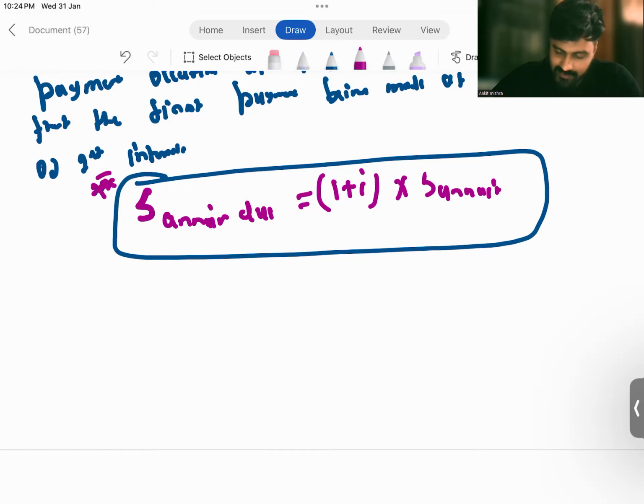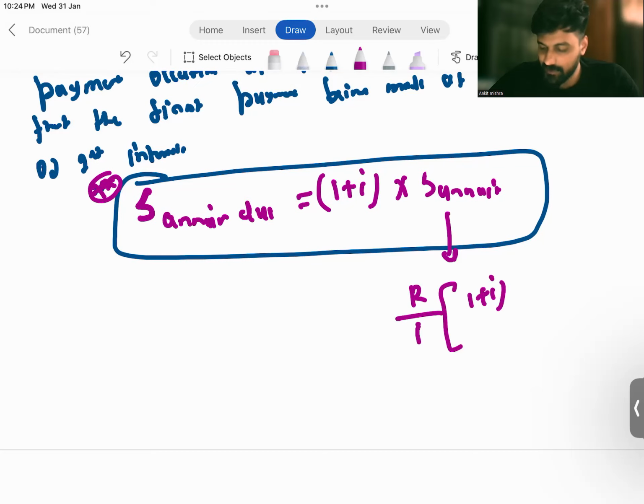You have to remember only this formula. Obviously, S annuity we know: R by i into ((1 plus i) whole to the power n minus 1). So from here you can calculate the S annuity due also.